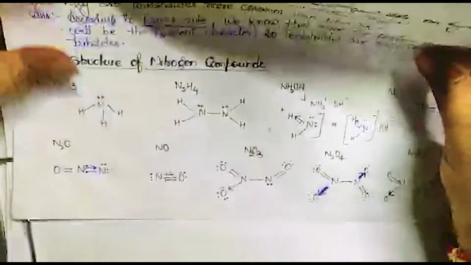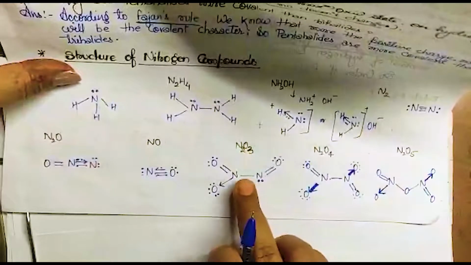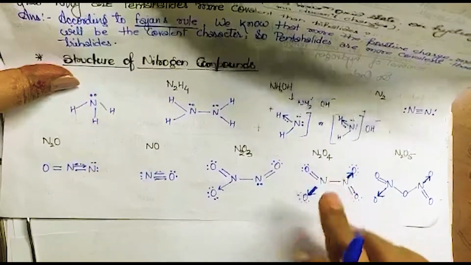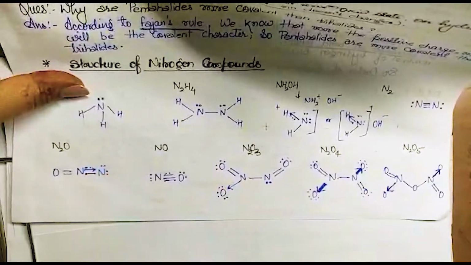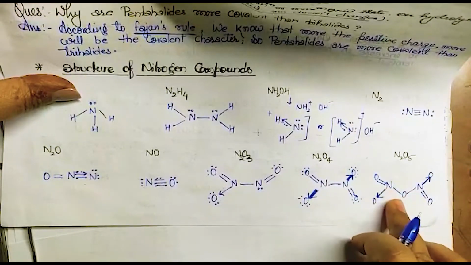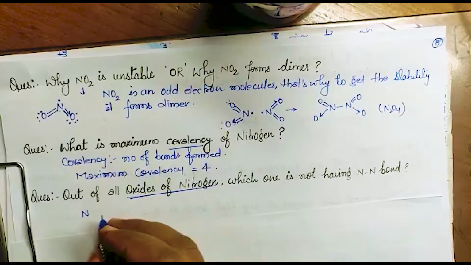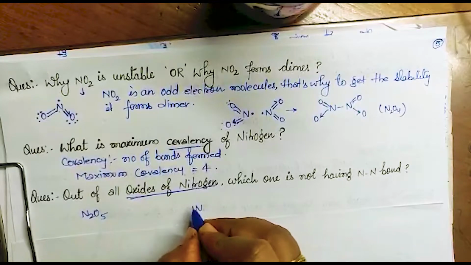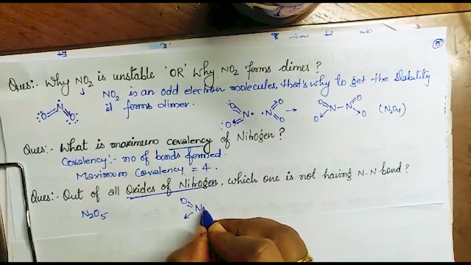This is the structure of the nitrogen compound. We can see this has an N-N bond, this has an N-N bond. This is also an oxide, so an N-N bond is there. But this one does not have an N-N bond. It is N2O5. And how is it? Just draw the structure, and the structure is like this.